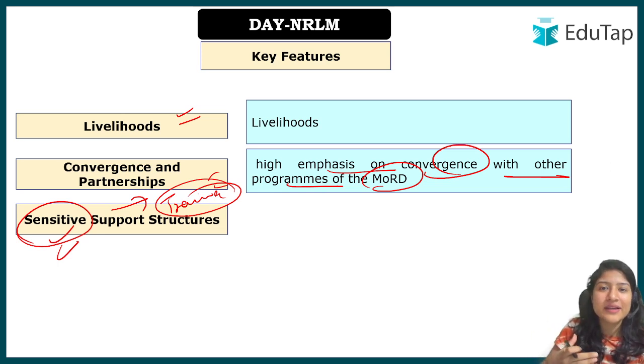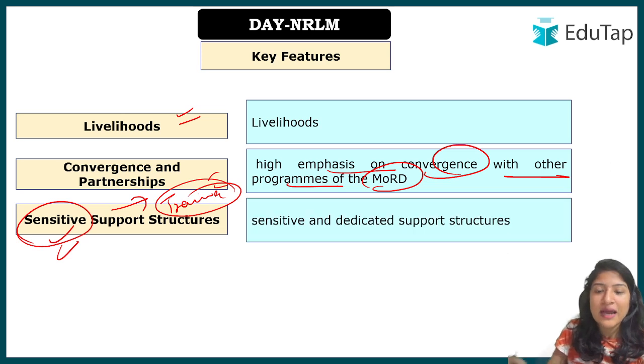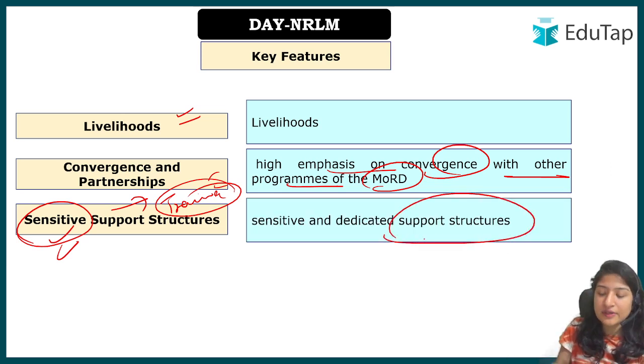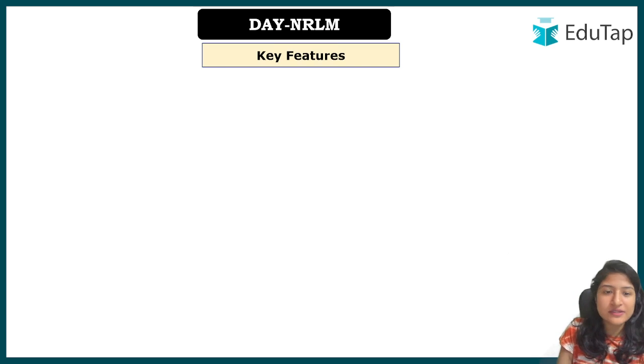It might be something of a task for the trainer, because we don't know what the learning ability or learning capacity of a particular person is, right? So for that, the trainers have to be very empathetic and sensitive towards the people, so that they have the patience to actually teach them. So for that, a sensitive and dedicated support structure will be formed. And so these were some of the features, right?